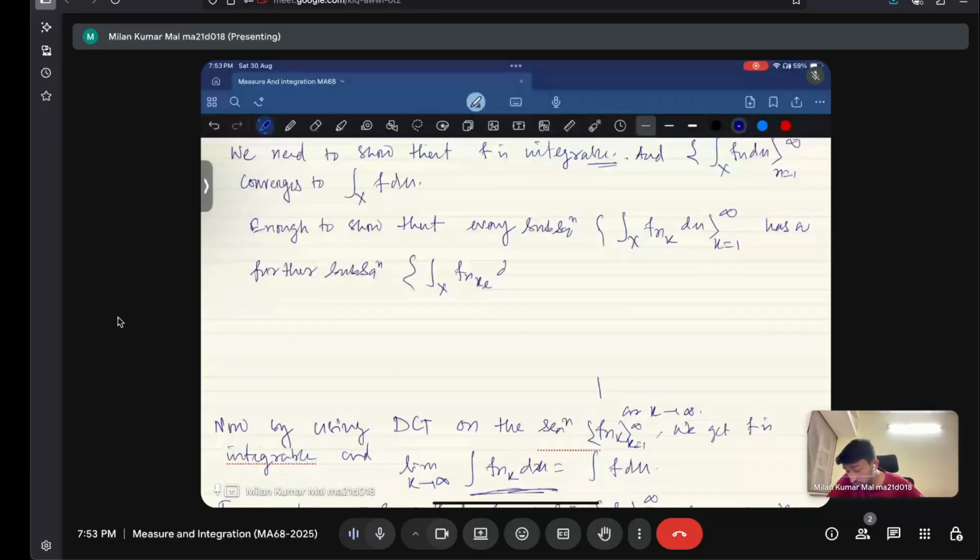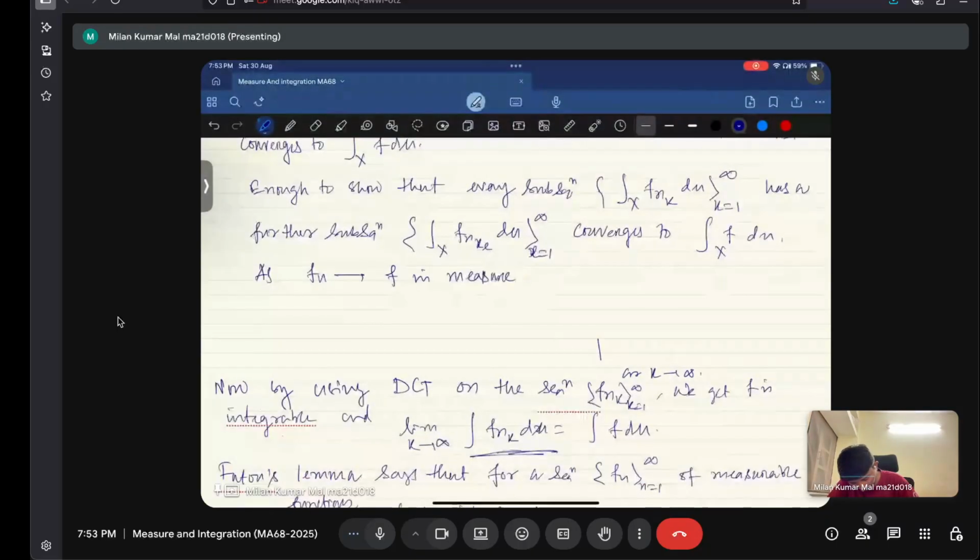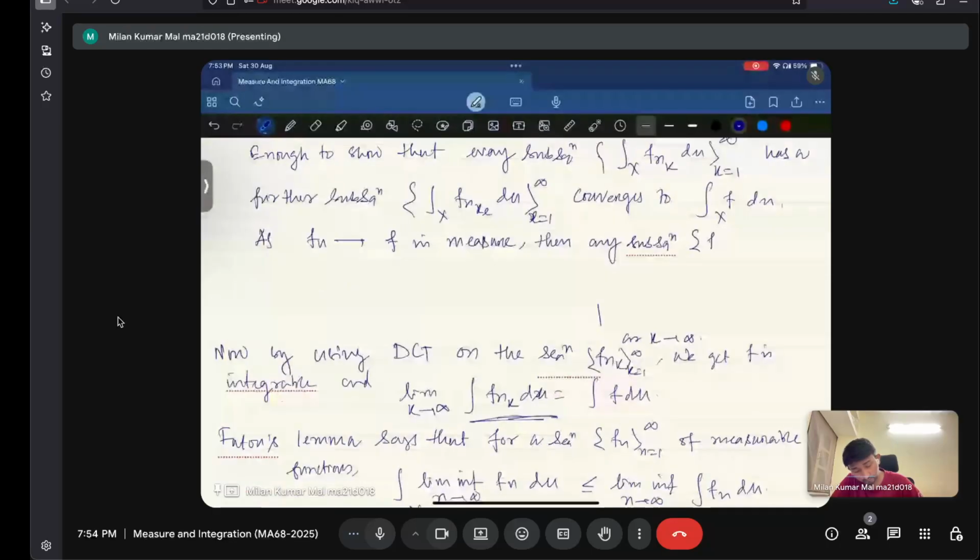First of all, as fn converges to f in measure, any subsequence f_{n_k}, k equals 1 to infinity, will converge to f in measure.